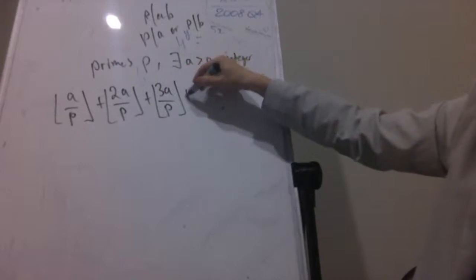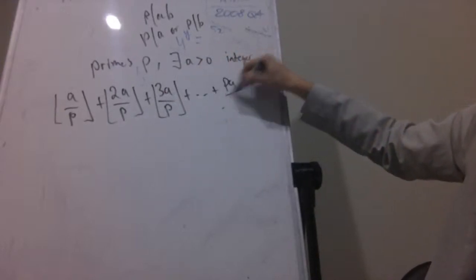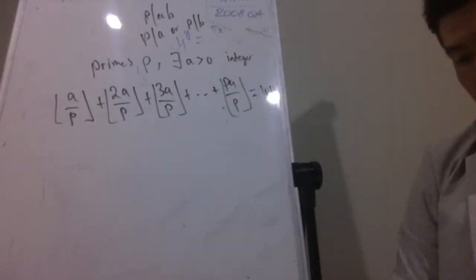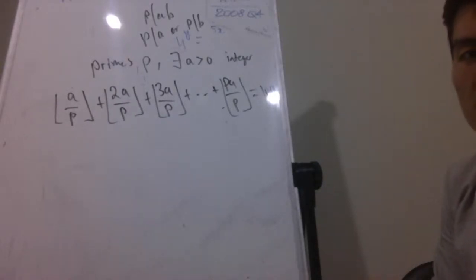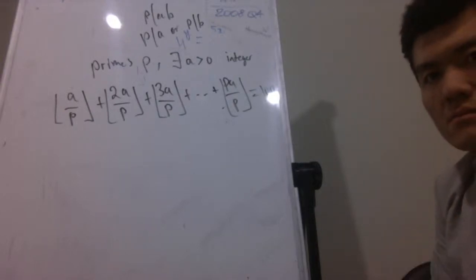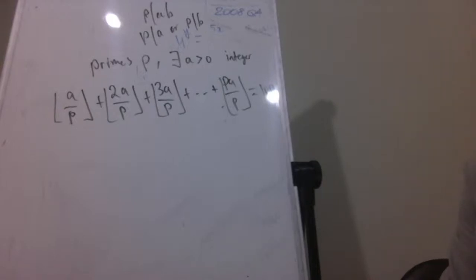So these are all going up by 1, all the way up to p. That's the question.